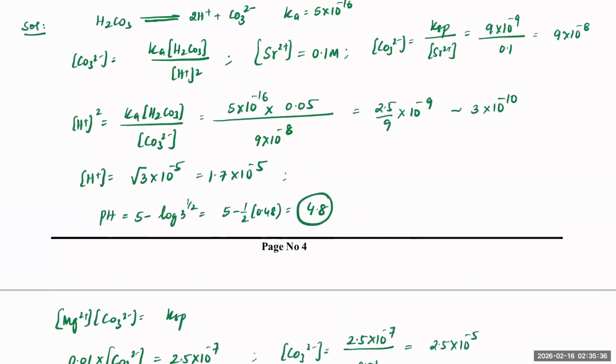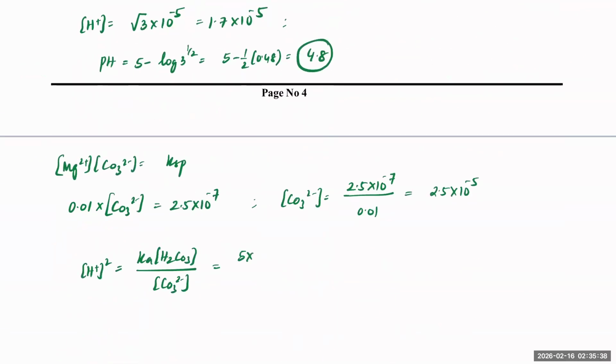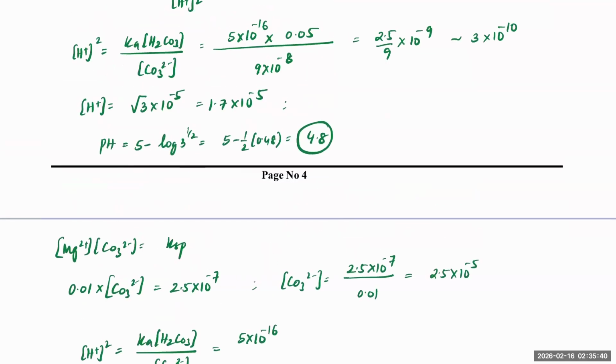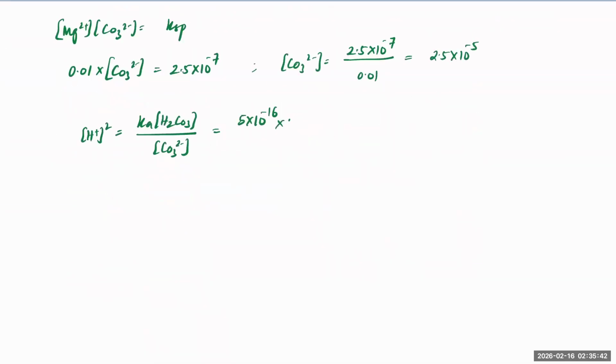Ka value here is 5 into 10 raised to power of minus 16, and H2CO3 is 0.05, divided by 2.5 into 10 raised to power of minus 5. The 2.5 will get cancelled. So what do we have? 10 raised to power of minus 12. So H plus concentration will be equal to 10 raised to power of minus 6. So pH has to be 6.